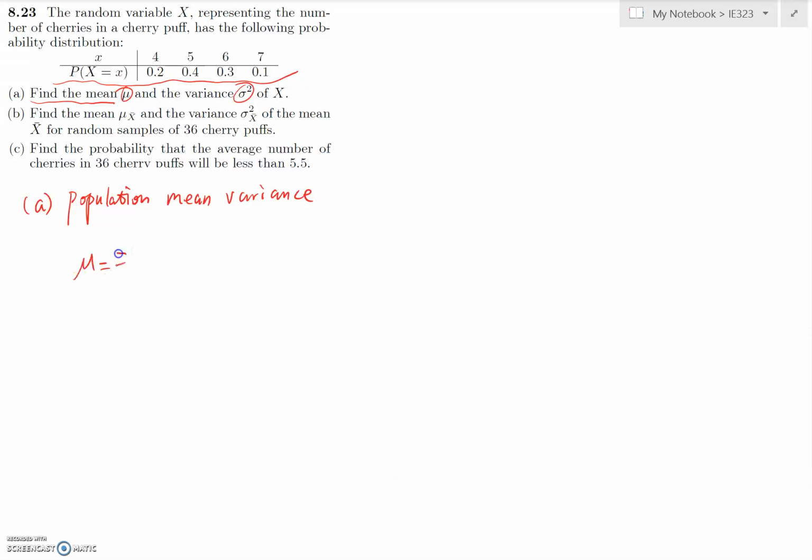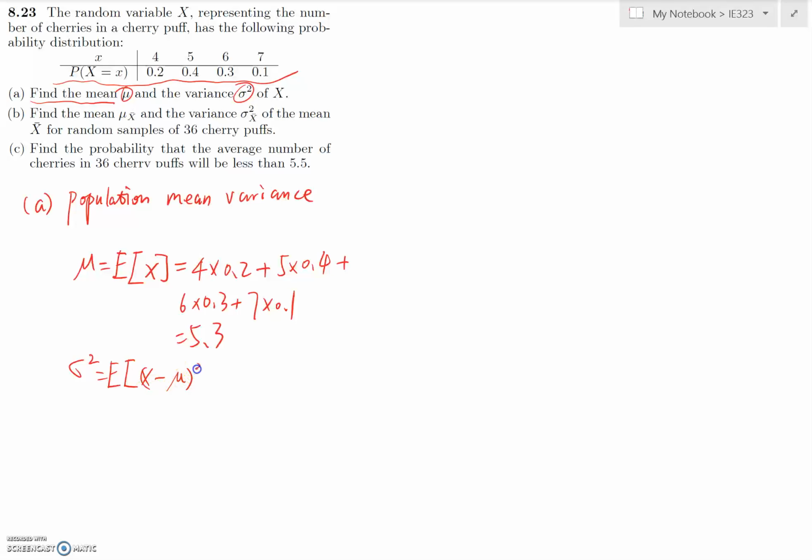So mu, from the definition, equals the expected value of x, which is 4 times 0.2 plus 5 times 0.4 plus 6 times 0.3 plus 7 times 0.1, which equals 5.3. And for sigma squared, from the definition, this equals the expected value of x minus mu squared.